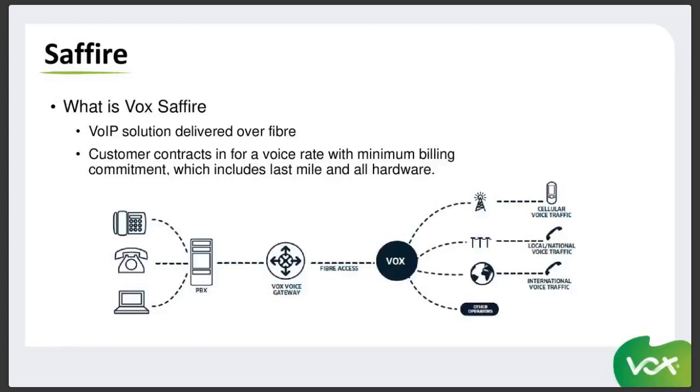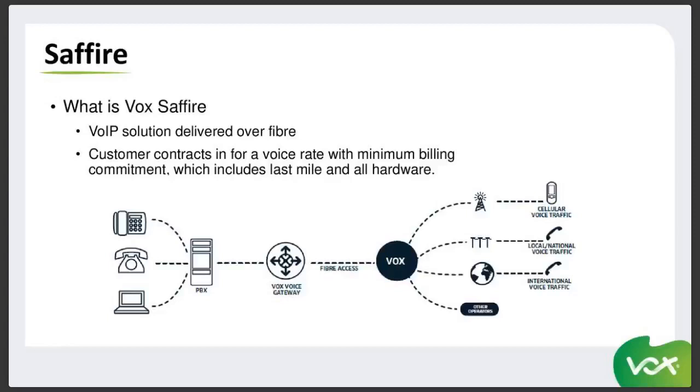So the value proposition and the offering here was, let's go to market with a product that eliminates the requirement for any monthly rental. There isn't any hardware setup fee or installation fee or configuration fee. The idea is we go in with a product where a customer contracts in for a rate only, and we'll replace the Telkom PRI with a fiber solution and offer them a voice over dedicated fiber type solution.